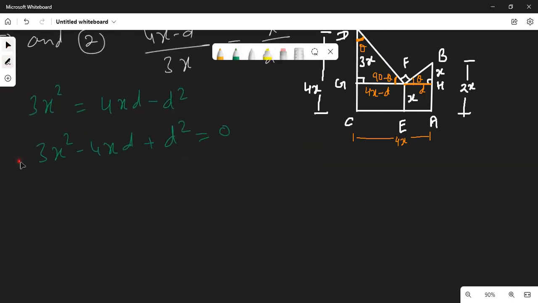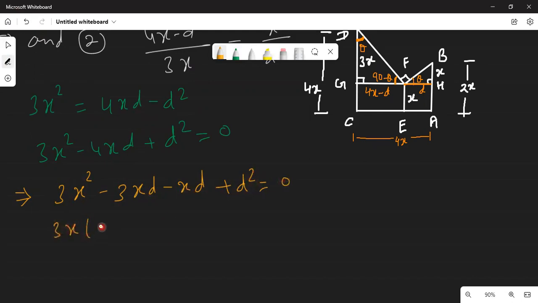So we can solve this quadratic to get the value of x, adding minus 4 and multiplying 3. So 3x squared minus 3xd minus xd plus d squared is equal to 0. It's going to be 3x times x minus d, and minus d times x minus d should be 0.